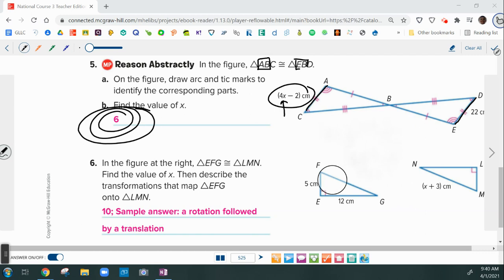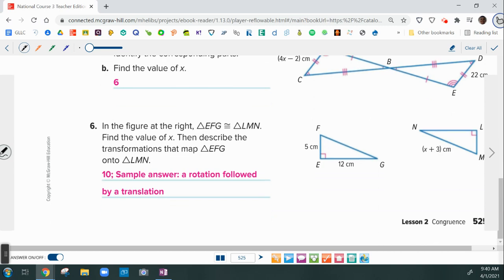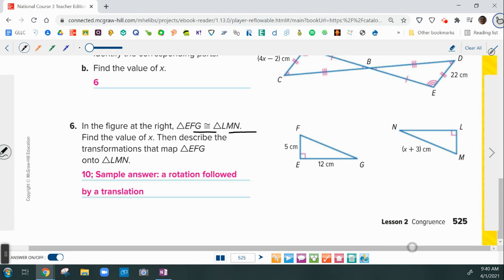Now for our most challenging, most enjoyable problem to do. All right, well, we have our 2 congruent shapes here, 2 congruent triangles, and we have to use some of our knowledge from the last chapter, because we noticed that we want to find the value of x.